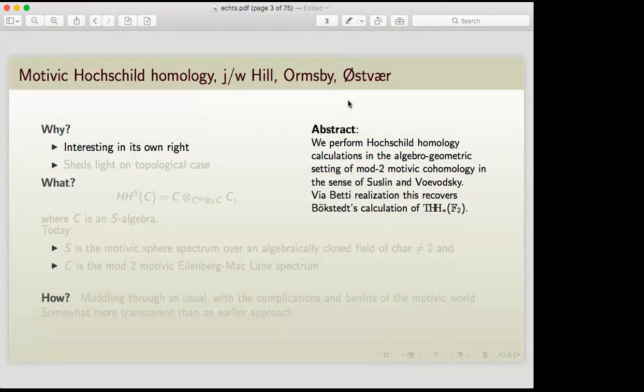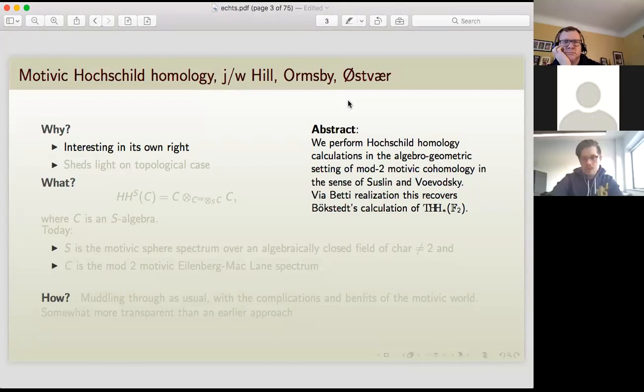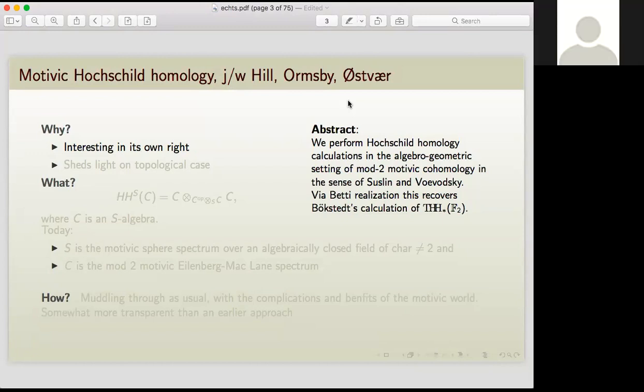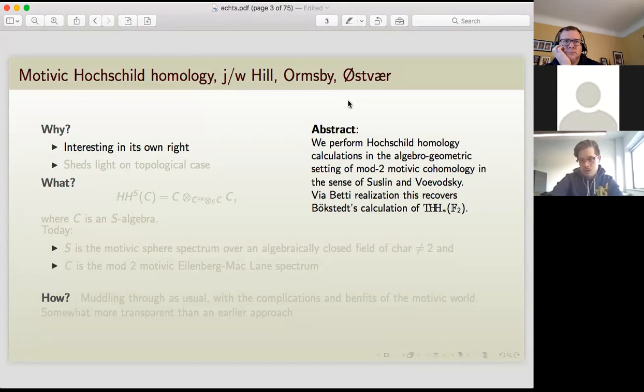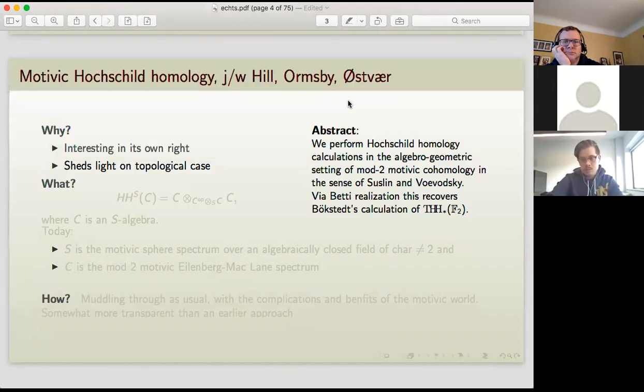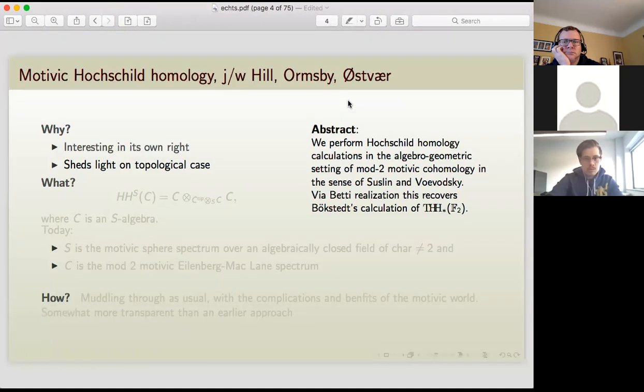First and foremost, we do this because if we want to understand E-infinity ring spectra in a motivic context, and we do want that, then one of the first things we should try to understand is exactly Hochschild homology. But I must admit that my personal interest is more because such a calculation sheds light on the topological case.